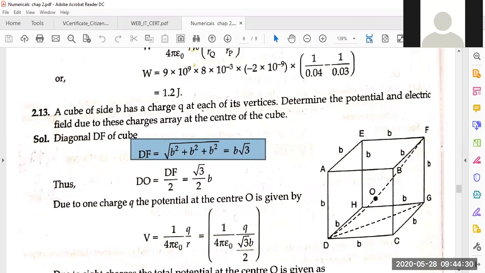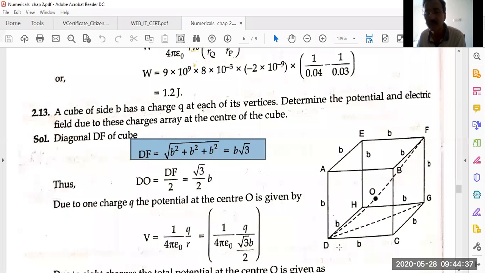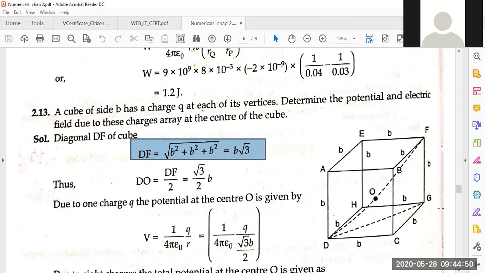D to C कितना distance है? C to G कितना है? तो D to G distance कितना होगा? Root of 2B.